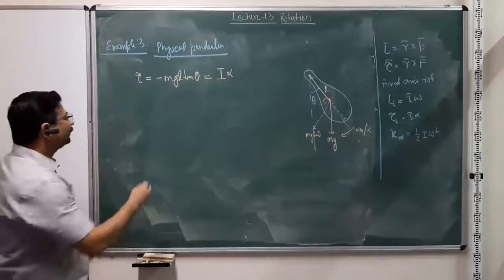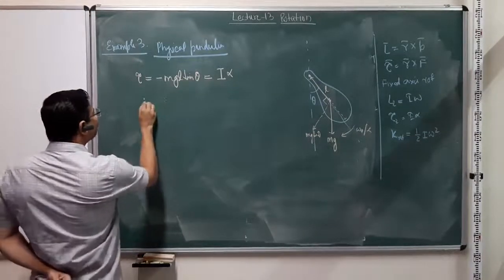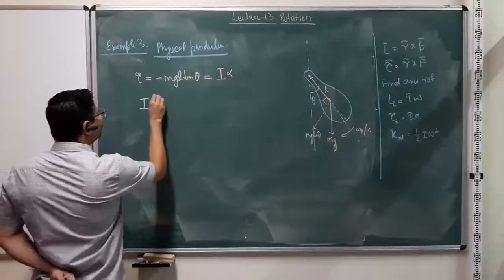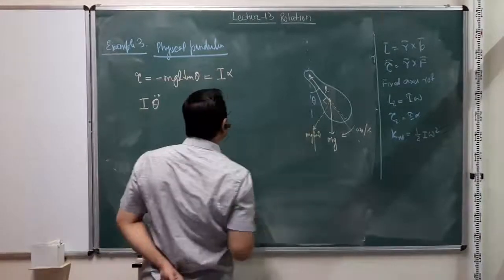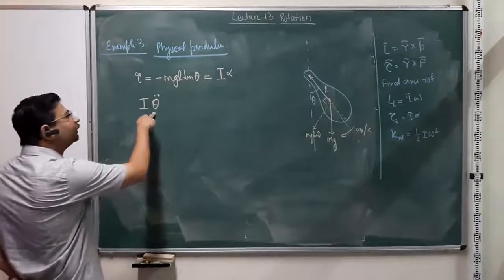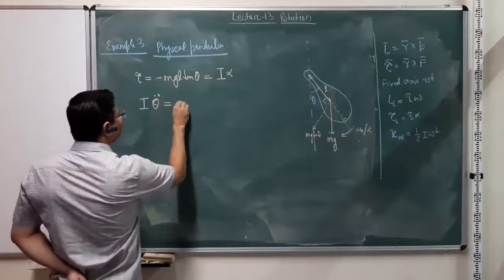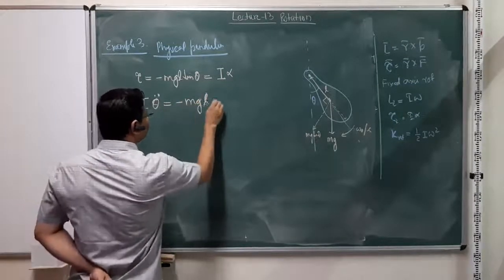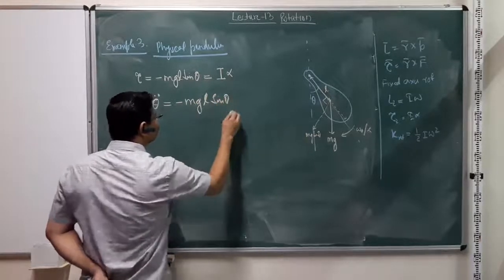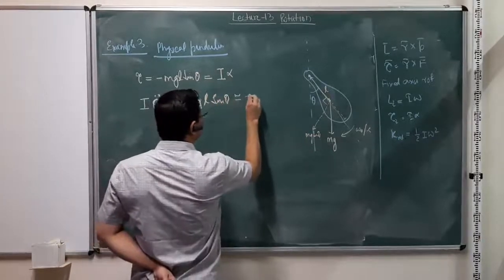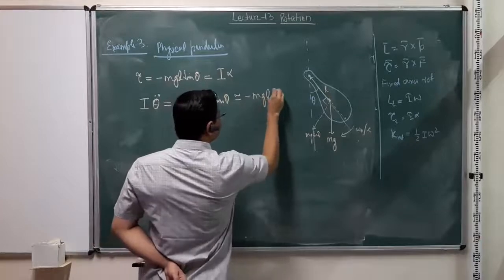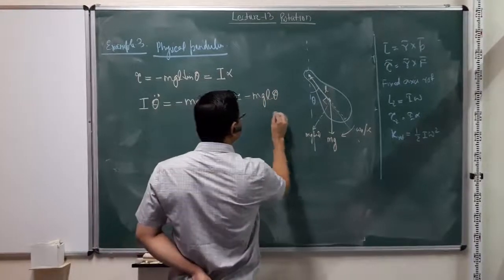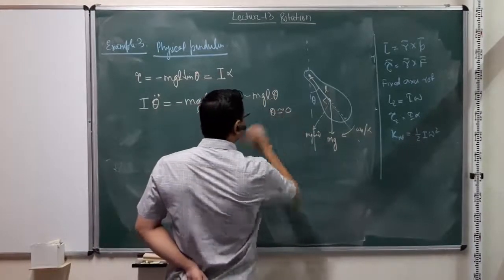Okay, very simple. Now all we have to do is write down this alpha in terms of this angle theta. So alpha is basically d2 theta over dt square, equal to minus mgL over I sin theta, which I can again approximate as minus mgL over I theta for theta close to 0.